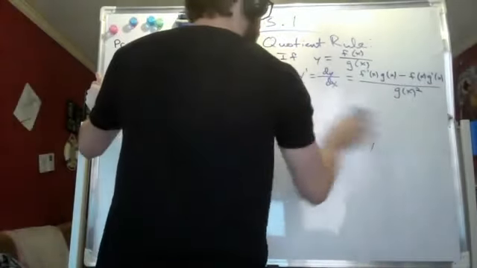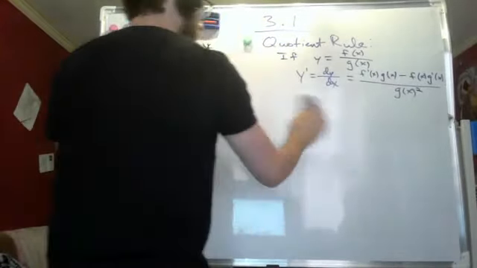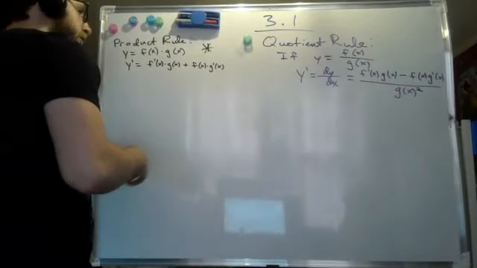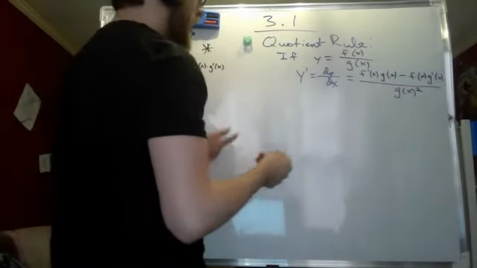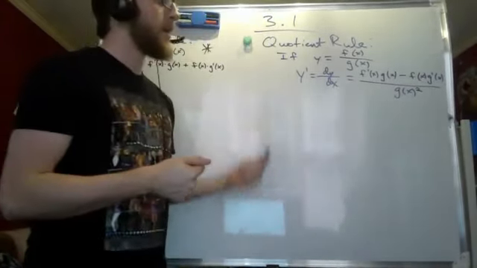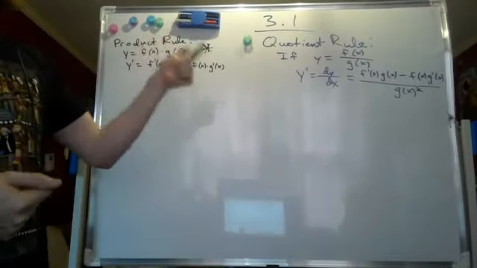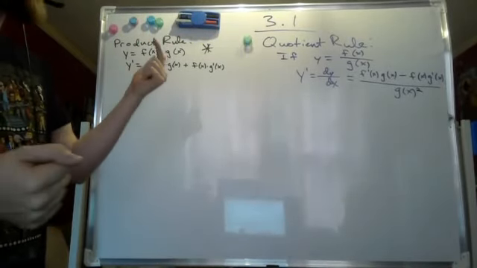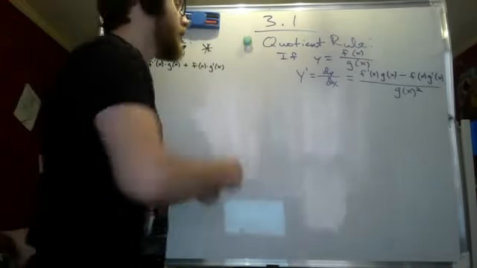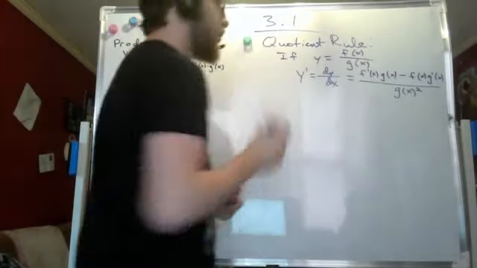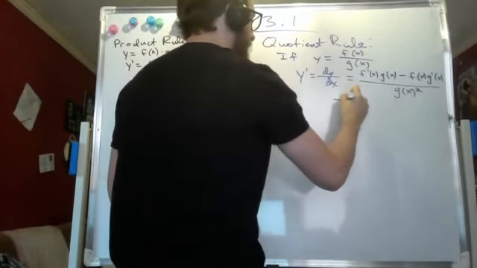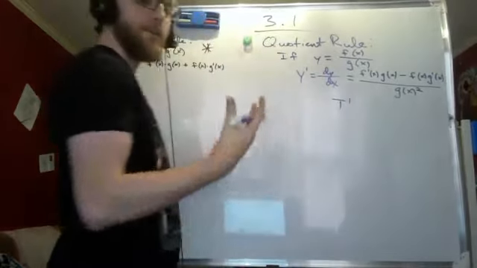Make sure that for this numerator, when you're using the quotient rule, you do the derivative of the top divided by the bottom minus the top times the derivative of the bottom divided by the bottom squared. Sometimes people will write this quotient rule as t prime, t for top.